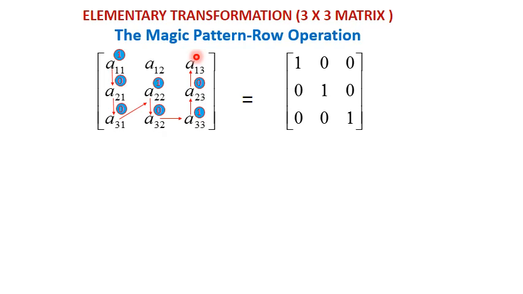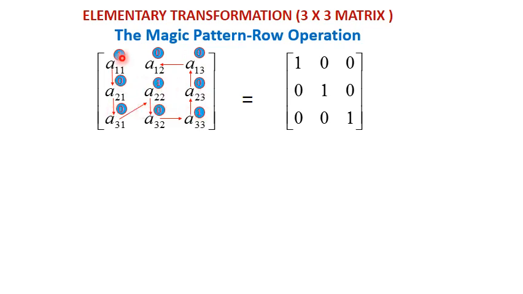Next you have to move up and you will reach A13 and make that element 0. Then you have to move left, you will reach A12 and make that element 0. So now the identity matrix is ready here, 1 0 0, 0 1 0, 0 0 1.